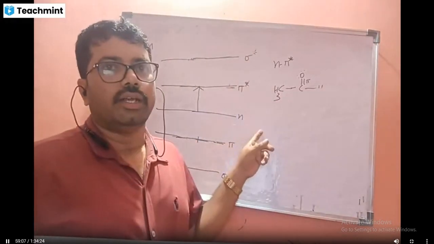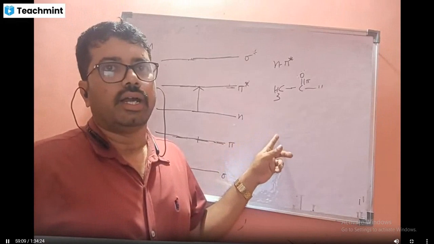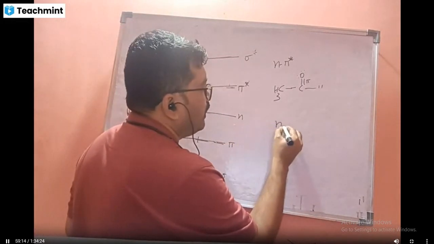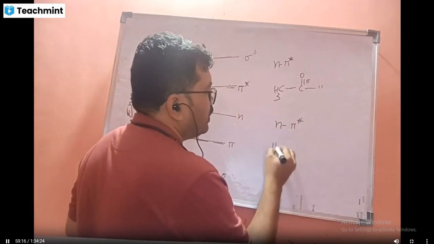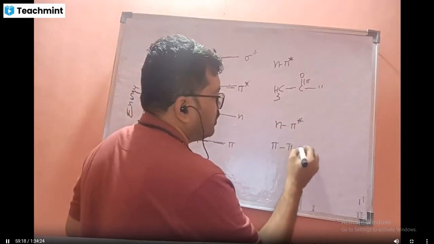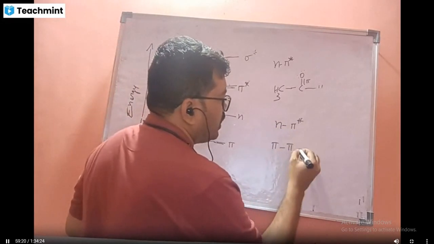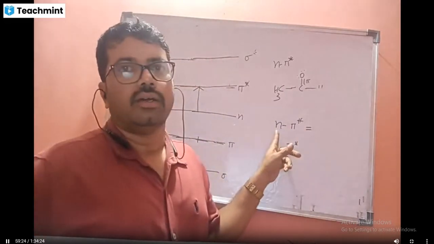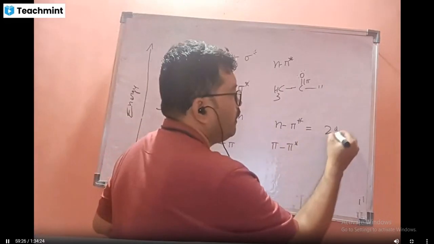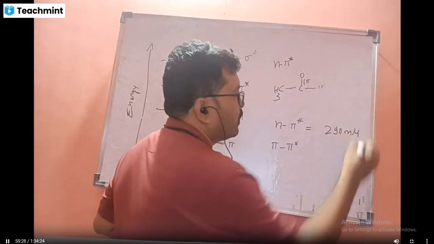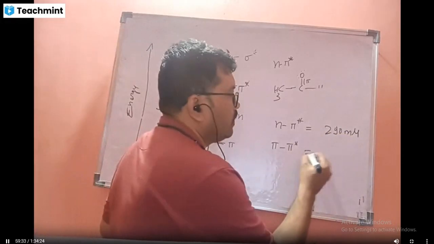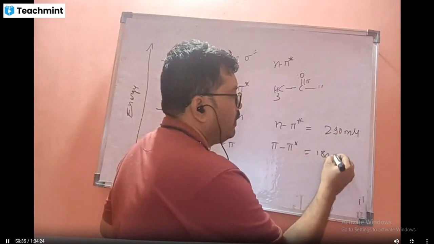So this is low energy n to pi star and high energy pi to pi star. What is the energy here? Occurring around 290 millimicron, and this is 180.